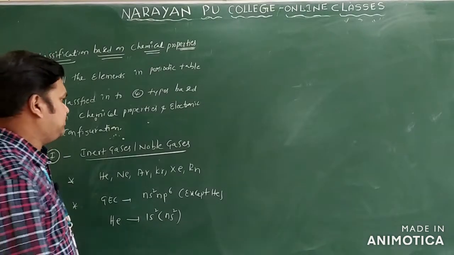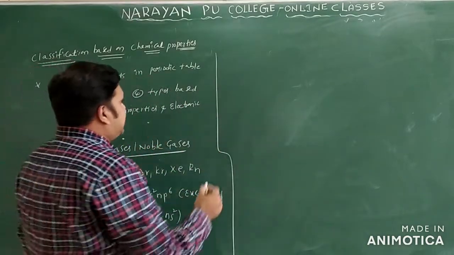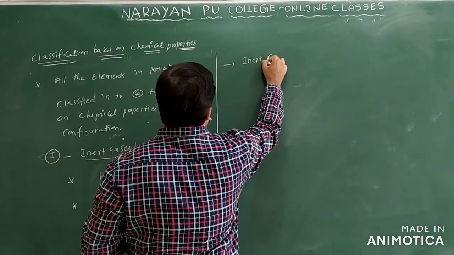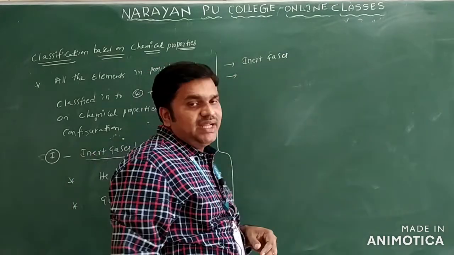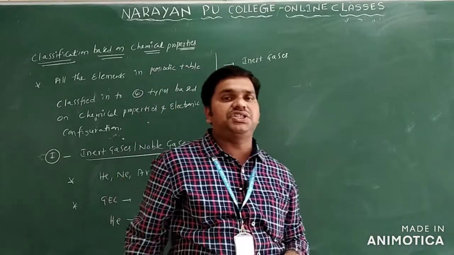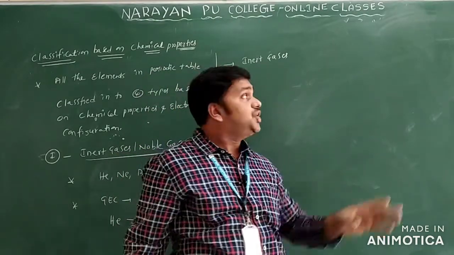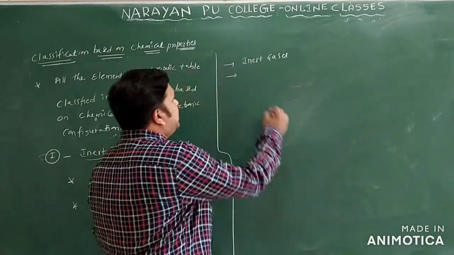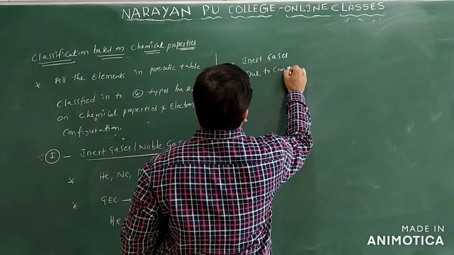Generally these elements are called inert gases only. Why are these called inert gases? Because they have a stable electronic configuration only. Due to the stable electronic configuration, these elements do not participate in any chemical reactions. So that's the reason we call them inert gases.